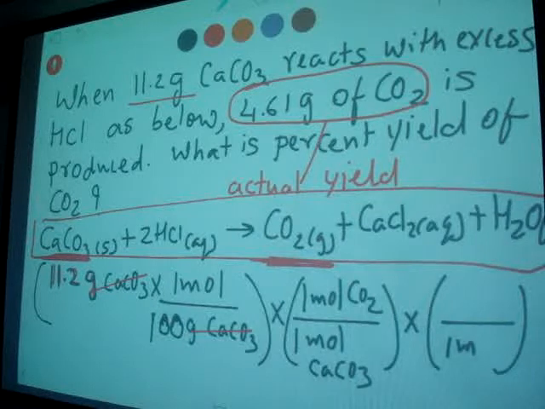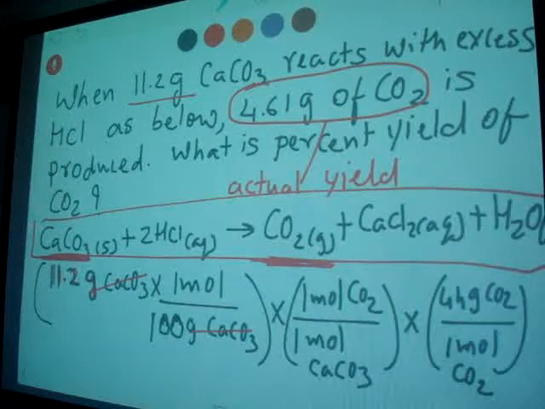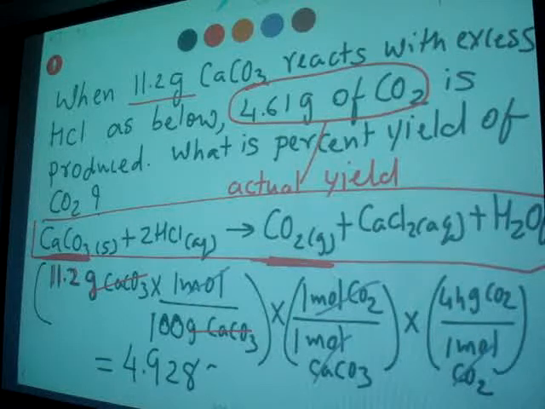You know that 1 mole CO2 is 44 grams of CO2. So you cancel out moles of CaCO3, moles of CO2, and you get grams of CO2, which is 4.928 grams of CO2 that you can calculate.